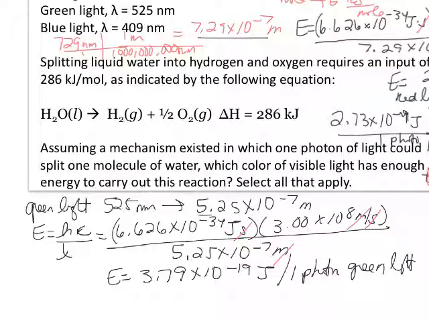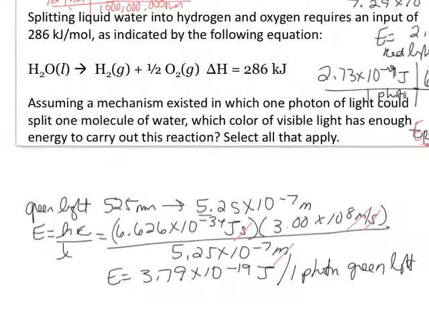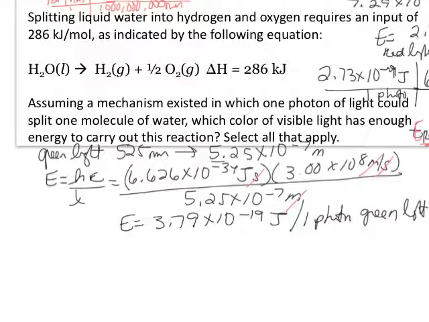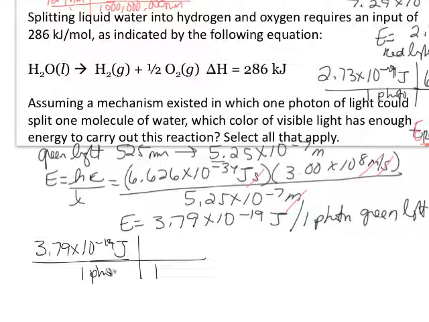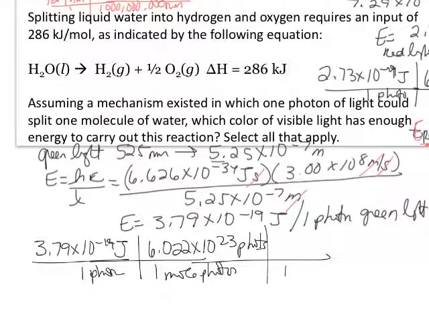But we need to get it into kilojoules per mole. So in order to do that, we're going to do 3.79 times 10 to the negative 19 joules over 1, and this is per 1 photon. And we have 6.022 times 10 to the 23rd photons per 1 mole of photons. And then we have 1,000 joules per 1 kilojoule.